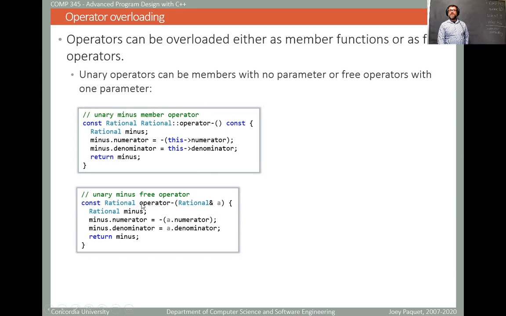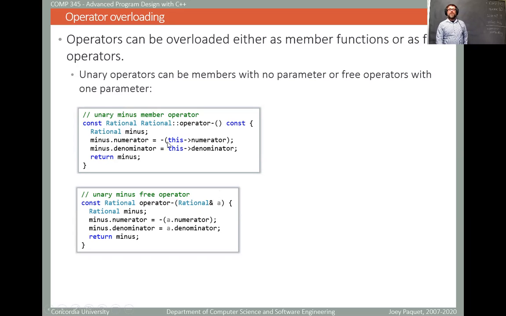You see that preceding it, operator minus, contrary to what we had here, is not part of any class. It's declared in the global scope, and it applies to an object of type rational. So this is a unary free operator for the rational class.